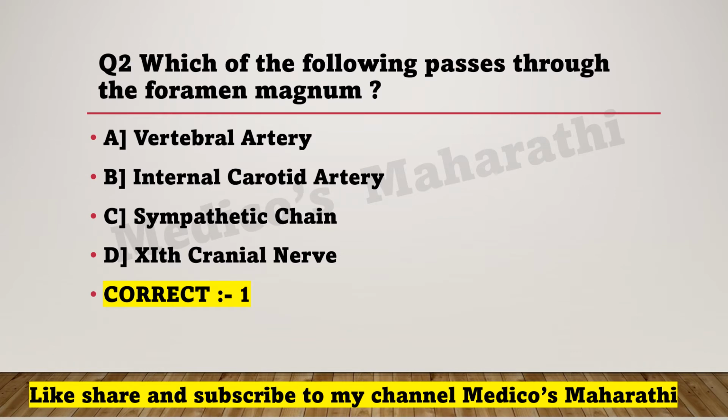The vertebral artery will pass through the foramen magnum region. You can see a little bit of an image after this, in my detailed theory. So the vertebral artery will generally pass from this foramen magnum region. If you want to mark the region, this below region will be foramen magnum.